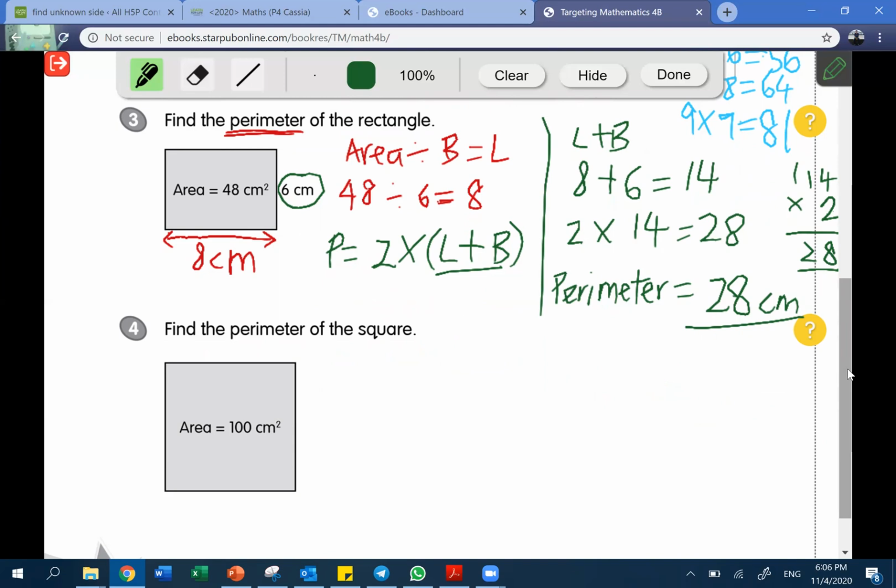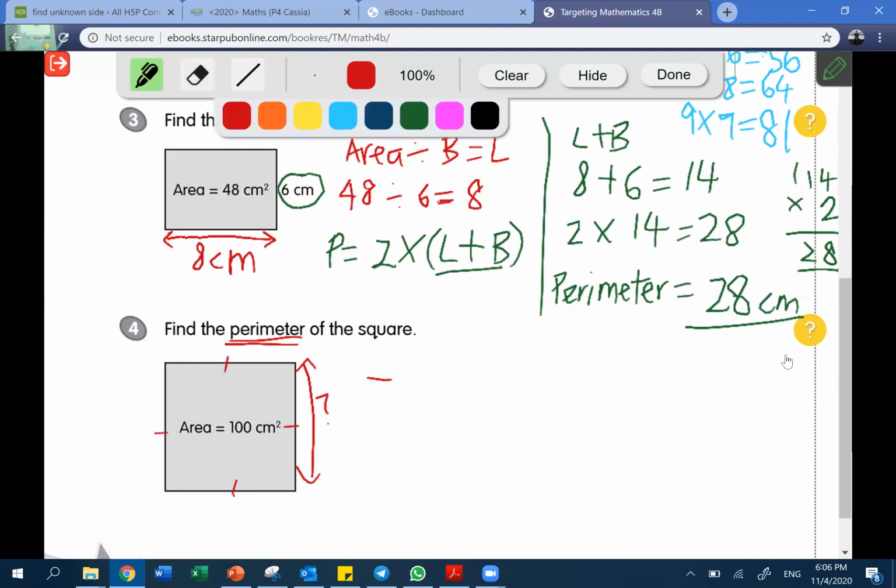Now let's move on to question 4. We're going to find the perimeter of this square. This is a square where all 4 sides are the same. Okay, first we need to find the unknown side. If we don't know this side, we can't find the perimeter. So what times what will give us 100? Because this area is stated as 100 square centimeters.